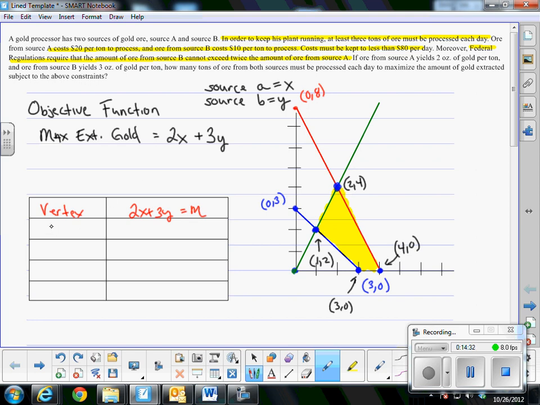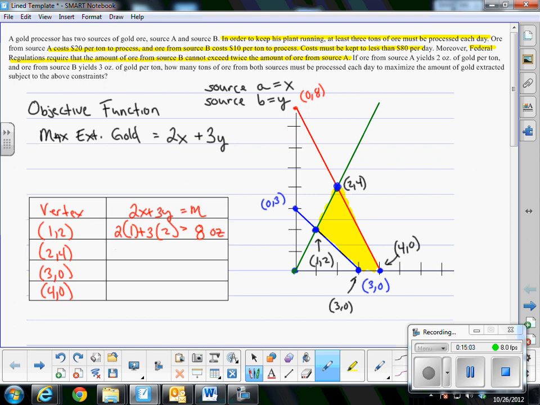The vertices are (1, 2), (2, 4), (3, 0), and (4, 0). Now I'm just going to plug those values in. 2 times 1 plus 3 times 2 is 2 plus 6, which is 8. So 8 ounces of gold right there.